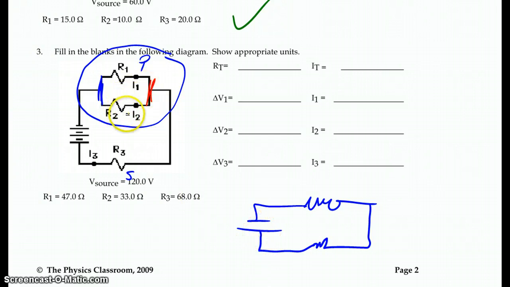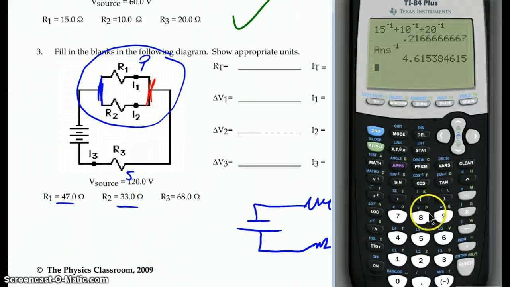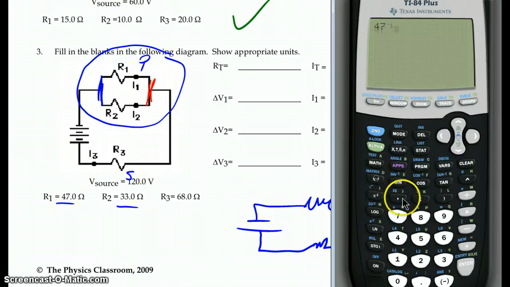So R1 and R2 are in this case 47 and 33. So 47 x to the minus 1 plus 33 x to the minus 1 equals, and then x to the minus 1 equals 19.4.